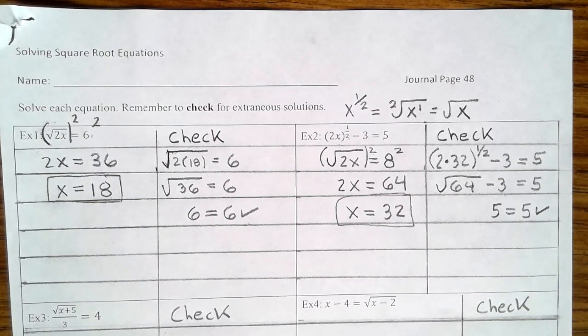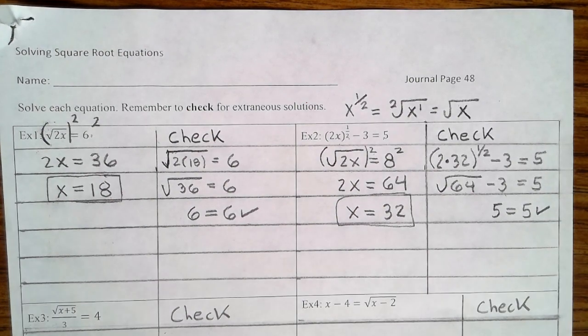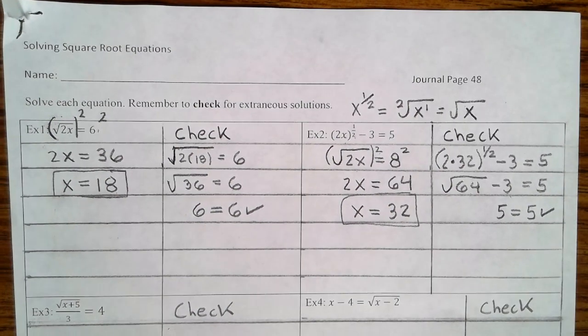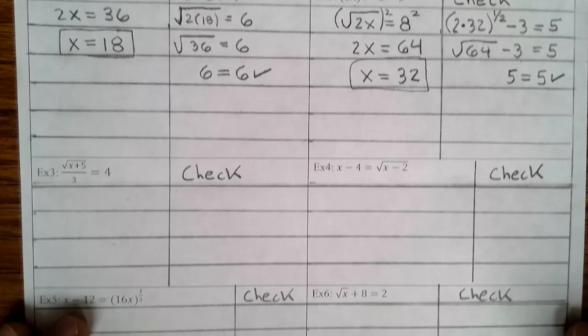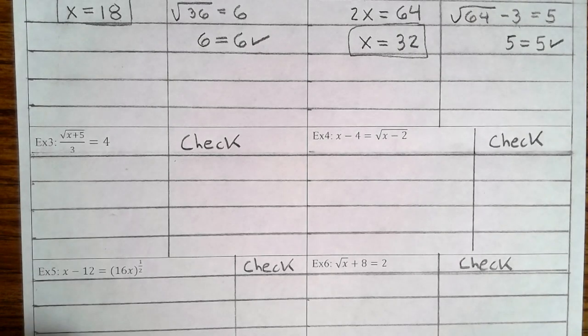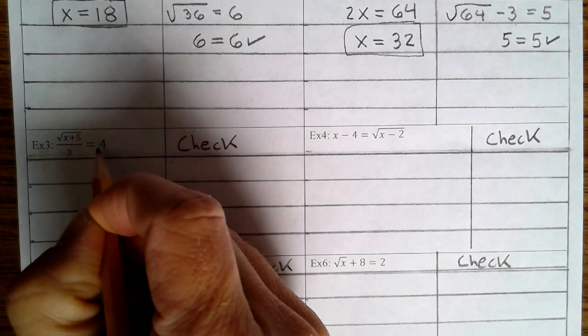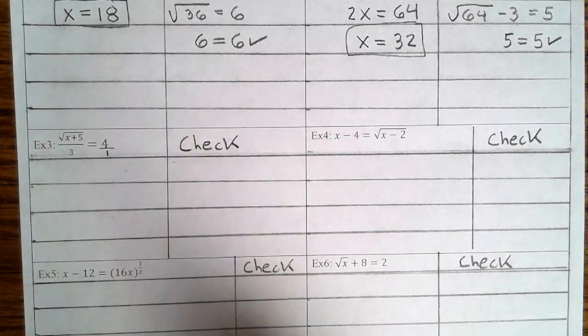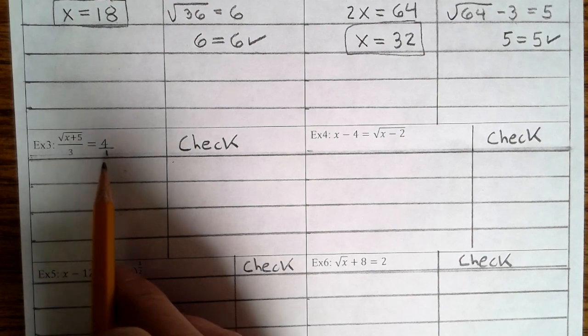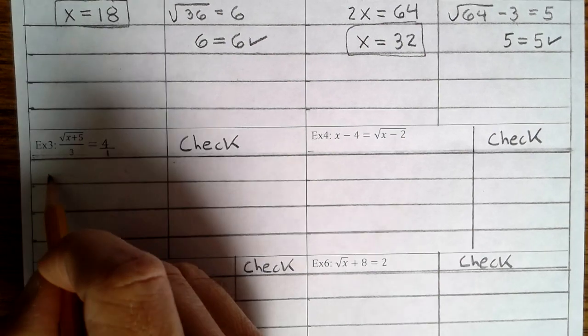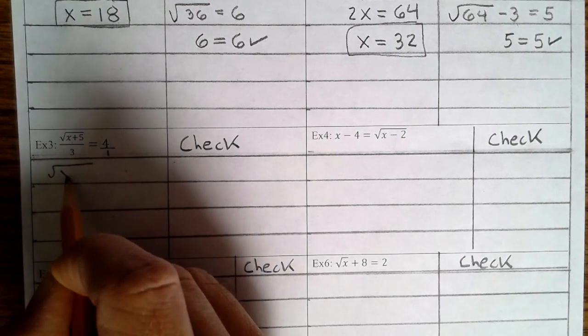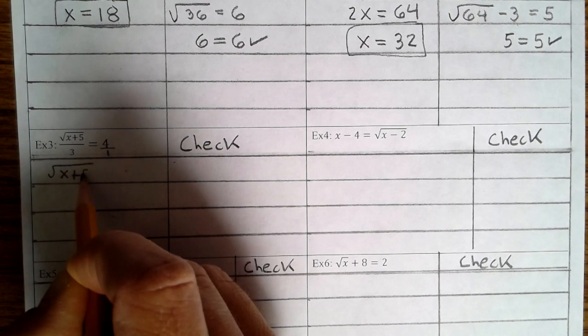Okay, let's take a look at example 3. Now we need to isolate the square root, so we're going to cross multiply. This is actually 4 divided by 1. So the square root of x plus 5 times 1 is just the square root of x plus 5. And then 3 times 4 is 12.